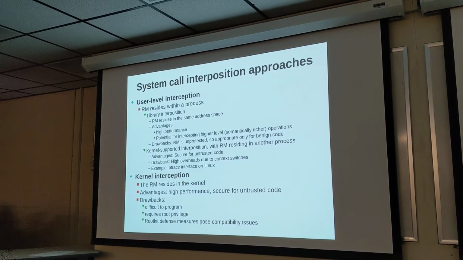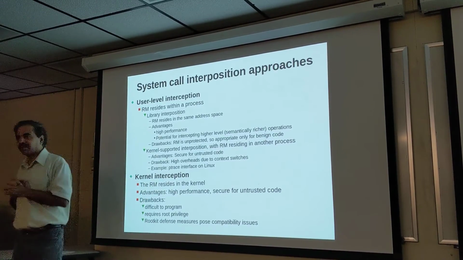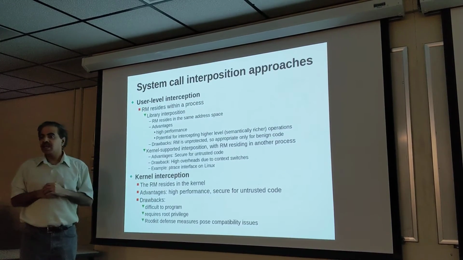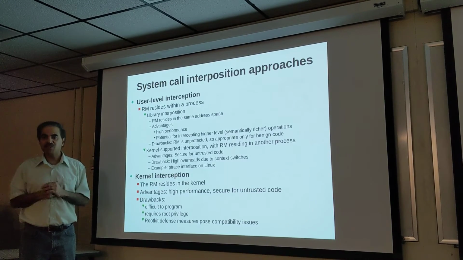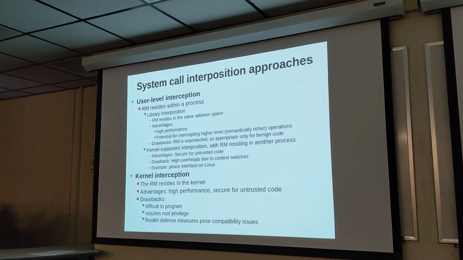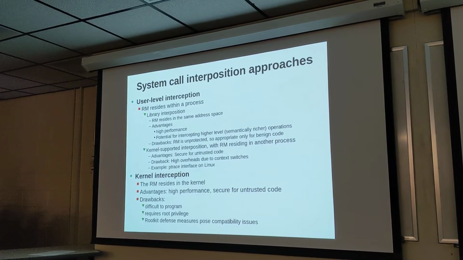Okay, so you can immediately see that this is not a very secure arrangement, right? Because if the process you're trying to check is malicious, then it can take a variety of measures to evade checking, and this is quite difficult to deal with, and it's a problem that we will talk about later on in this lecture and into the next lecture.